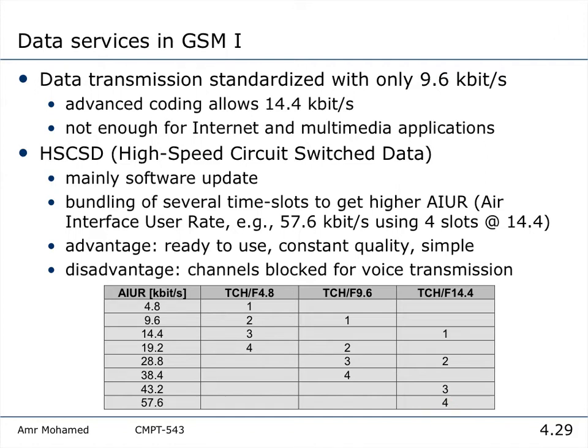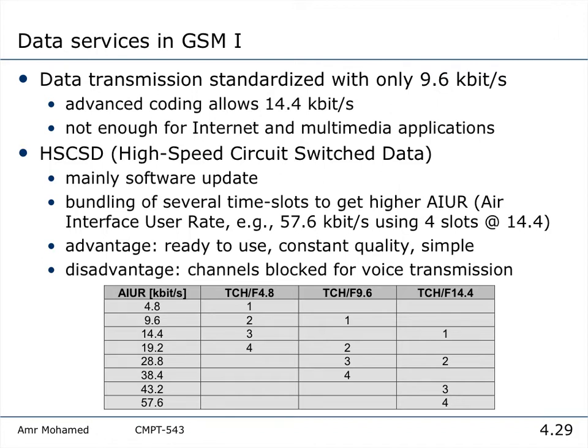So this corresponds to assigning 4 time slots to one mobile station in one super frame. Theoretically, I can allocate all the 8 time slots to one user, in which case I can double this rate.